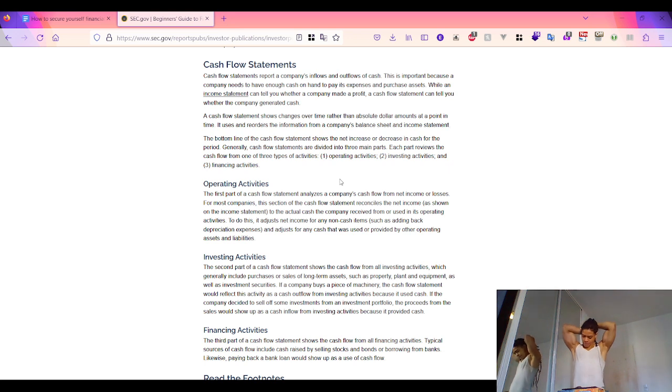The operating activities, which is the first section of the cash flow statement, analyze the net income from the income statement and reconcile it with the total cash that was used or received in its operating activities.